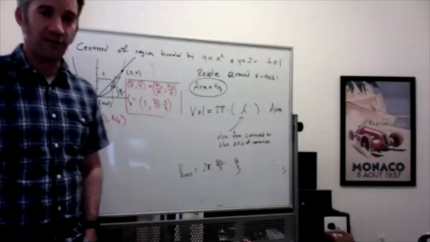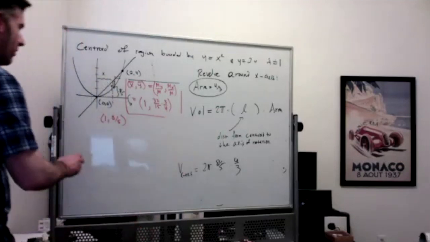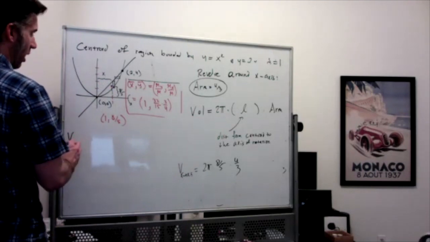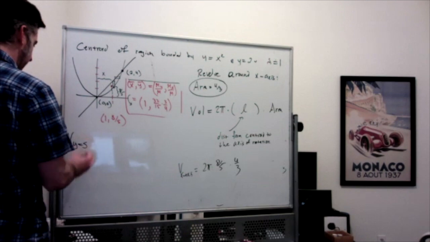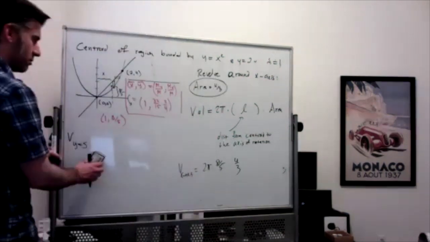So if someone's already asking you to find the centroid and then asking you to find the volume as well, obviously Pappus's theorem. So if I want to find the volume around, say, the line y equals 5. Let's do x equals something. That's more interesting.